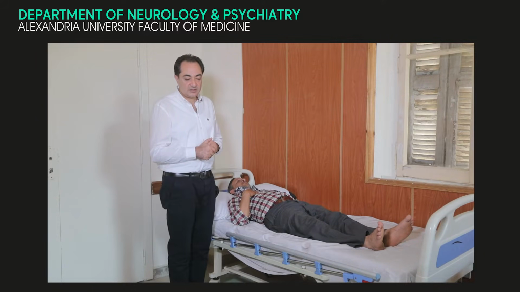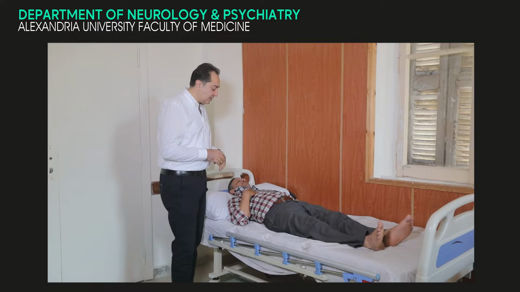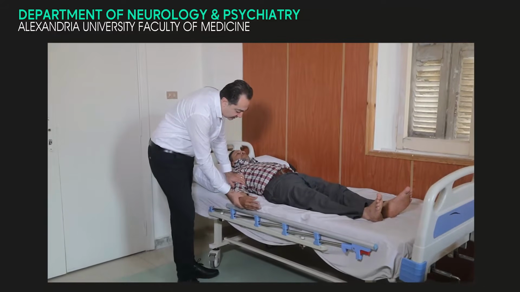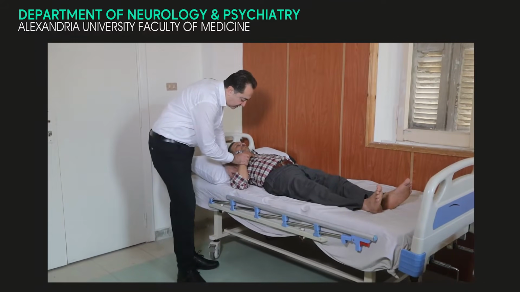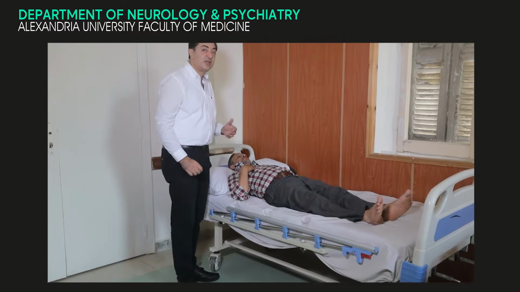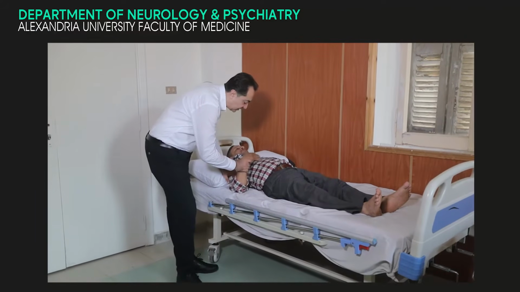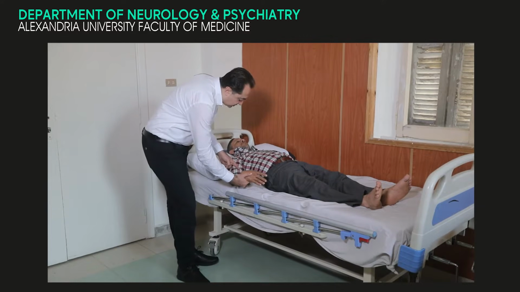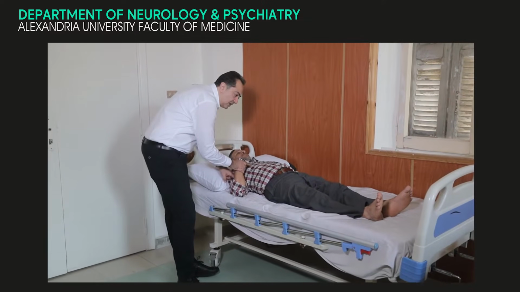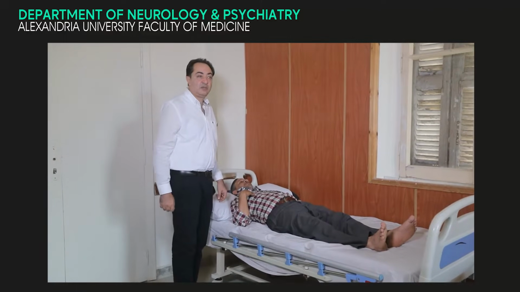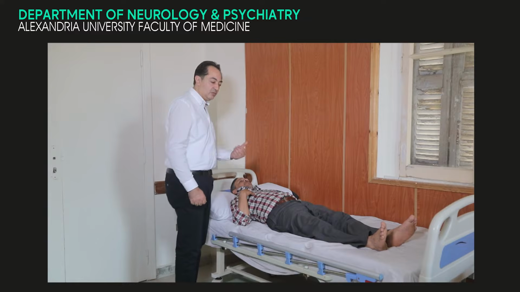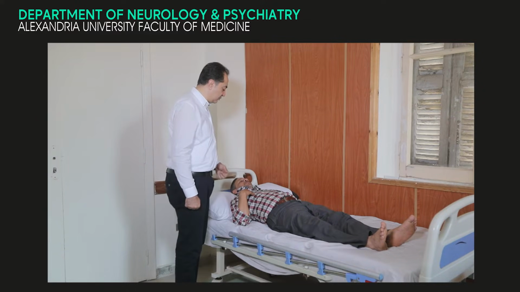The difference is that with rigidity, I will have increased tone during extending and during flexing. While in spasticity, I will have the tone increased more during extending the arm against his flexors than during flexing the arm, because the flexors will help in more flexion.